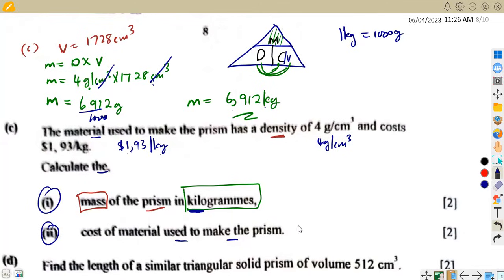We simply have to multiply the cost per kg by the mass. If we multiply, that is going to give us $13.34. All right, so this is the cost that we are going to have in this case.